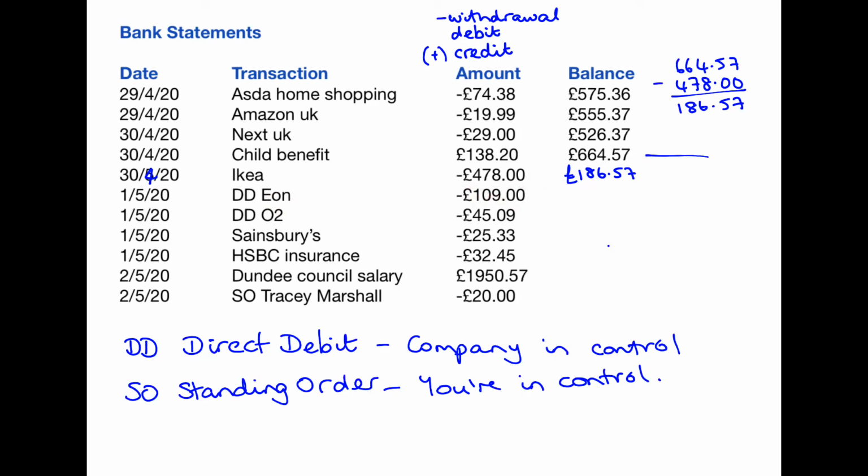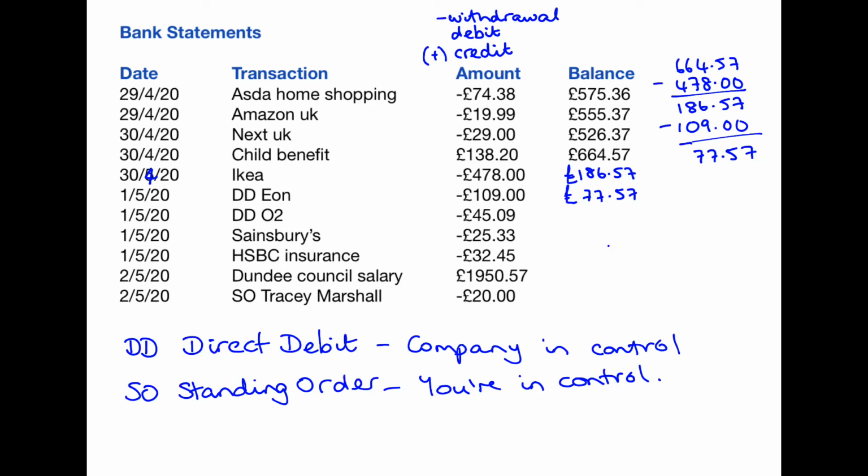So we need to now subtract another £109 from here, and we can see that that gives us, just let me rub this out, hold on, oops, and get rid of that line there. We can see that that gives us £77.57 left, so that goes there.